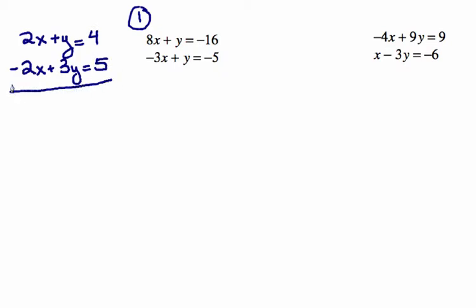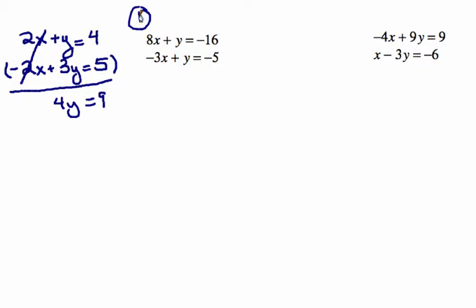So for example, if we had 2x plus y equals 4 and negative 2x plus 3y equals 5, adding the second one to the first one would immediately cancel out 2x and minus 2x, and we would get 4y equals 9. That's not always, however, going to be the case when we're working with elimination.